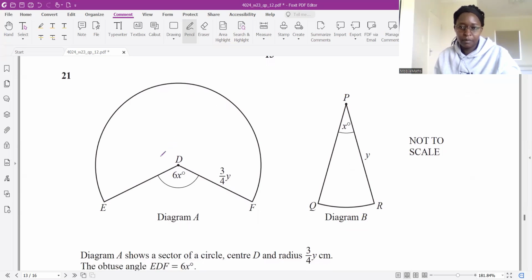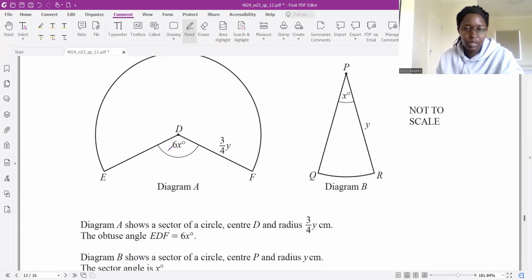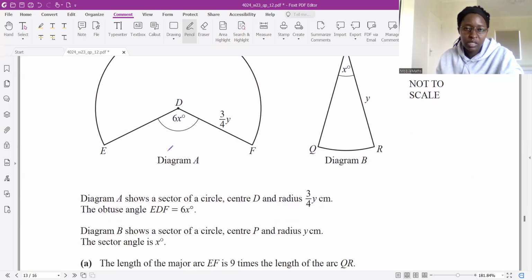We have a sector. So what is the question? Diagram A shows a sector of a circle with center D and radius, the obtuse angle is equal to that.